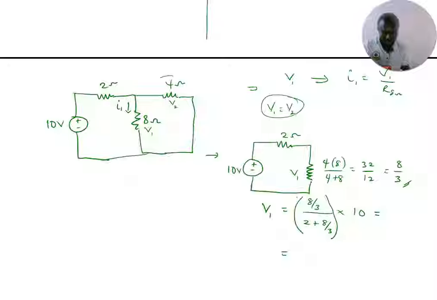So we are going to get 8 on 3, all divided by 2 plus 8 on 3, times 10, and this is going to give us 5.7.